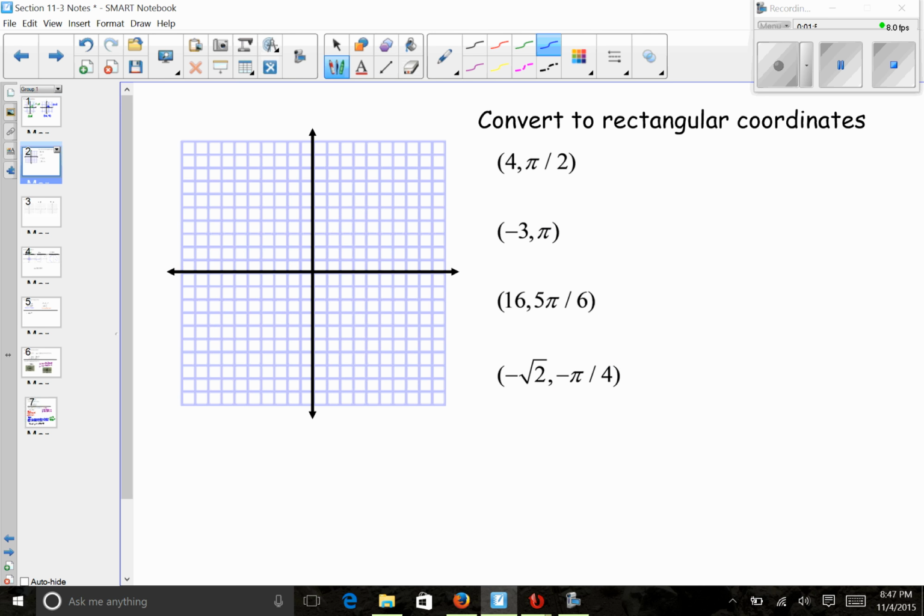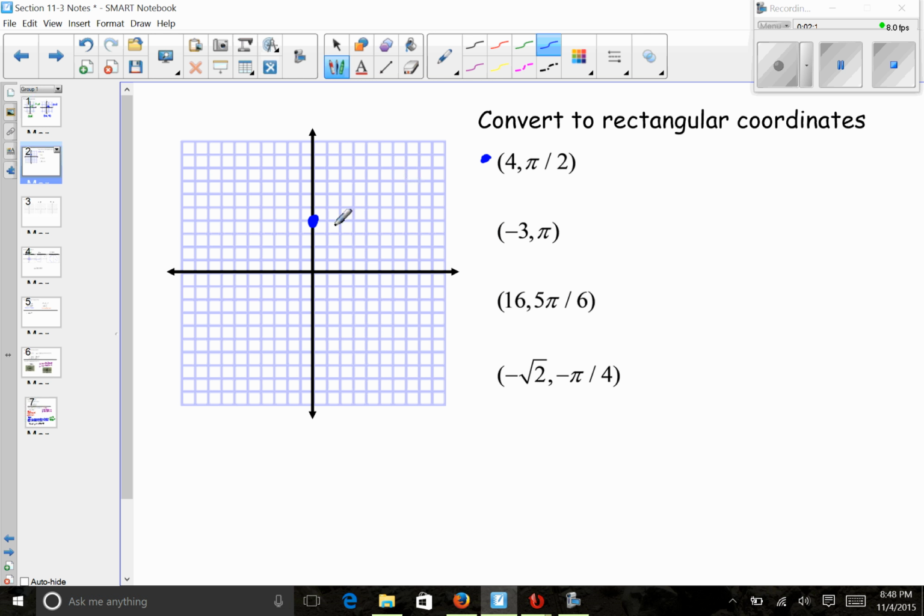So here I have polar coordinates. If I think, the radius is 4, the r is 4, so I'm 4 away from the origin, but an angle of pi over 2, that would be right here.